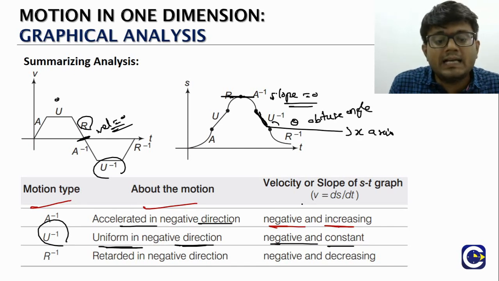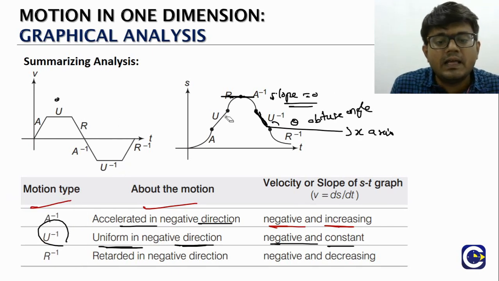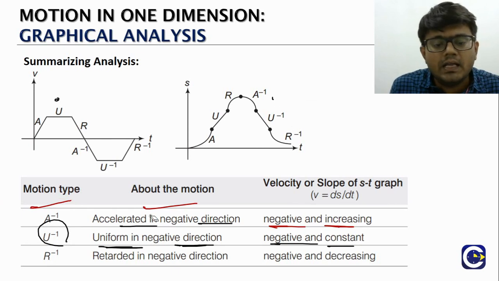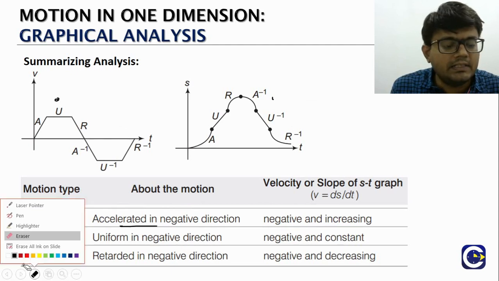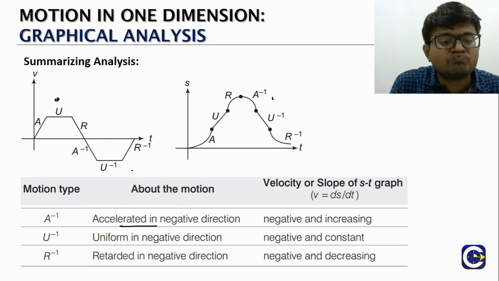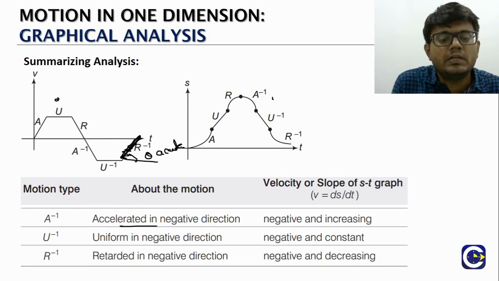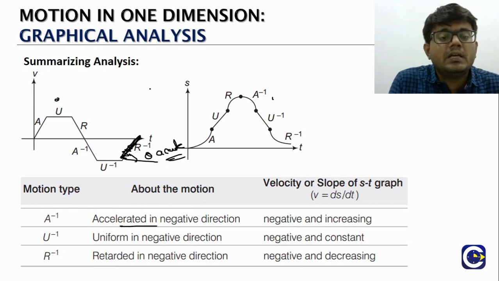The last part is the R inverse. Now after moving in the negative direction, we are giving it an acceleration in the positive direction. The velocity is negative, but you see the slope of the velocity time graph is acute, meaning it now has an acceleration.